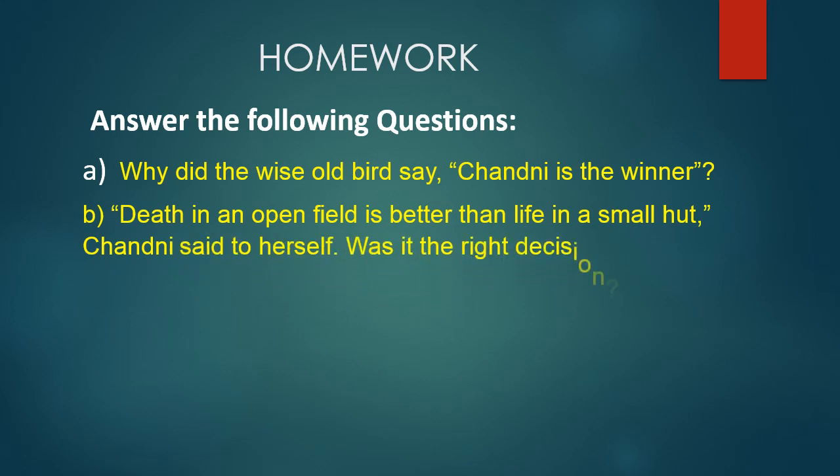Was it the right decision? Give reasons for your answer. So you have to give a reason. Even if you say no, you have to give your reasons for that. If you are saying yes, then you have to write opinions related to your answer.